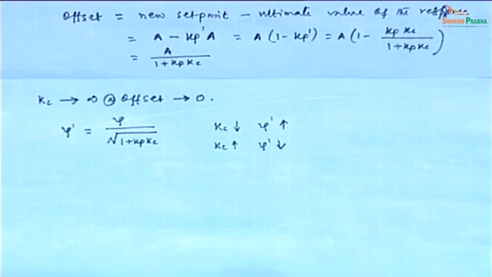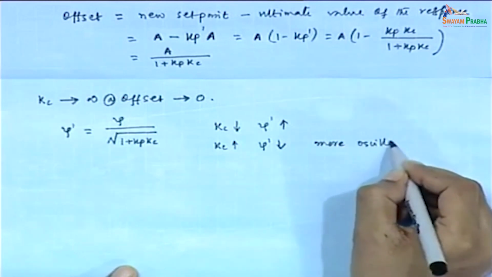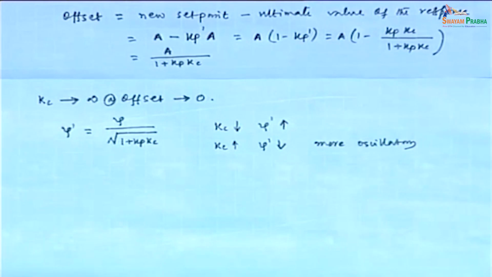So if we increase the Kc value, the overall response becomes more oscillatory. This is one point.